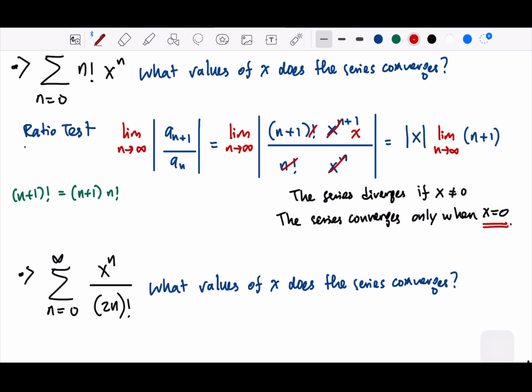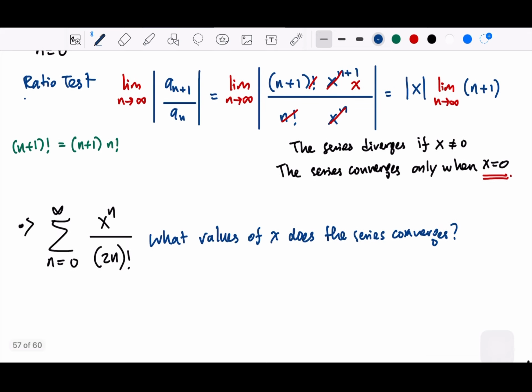You need to be careful when you exchange n with n plus 1. My suggestion is to use brackets and be careful when you're substituting n. So take the ratio test.